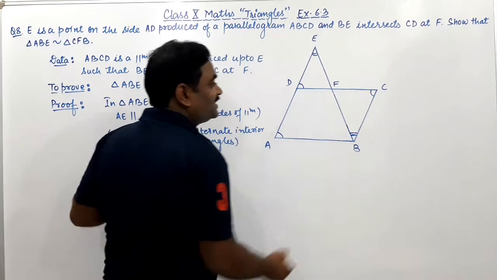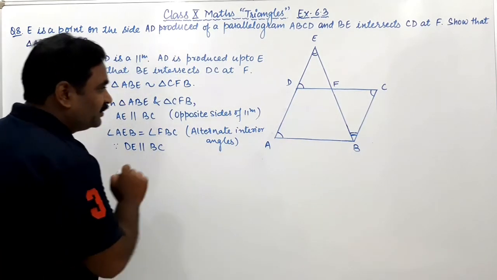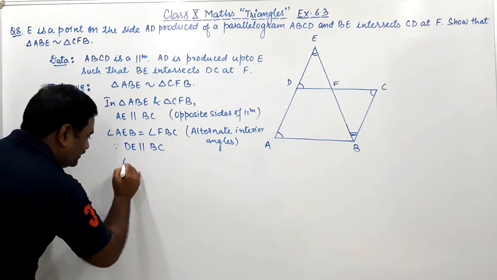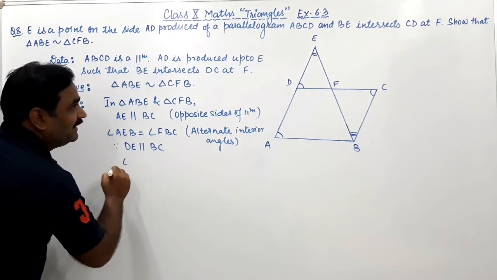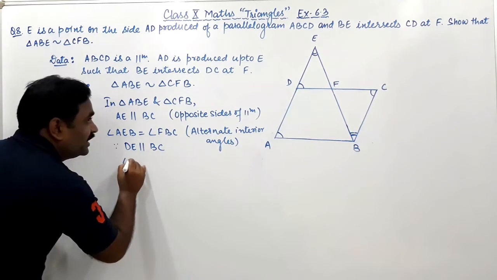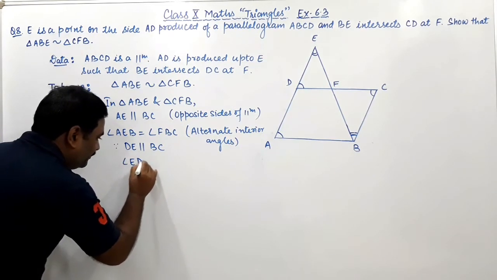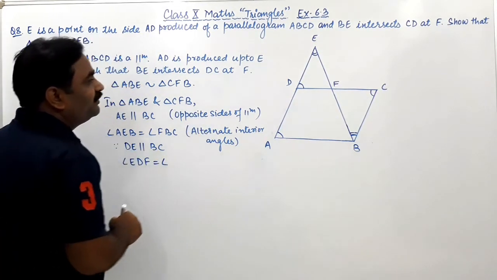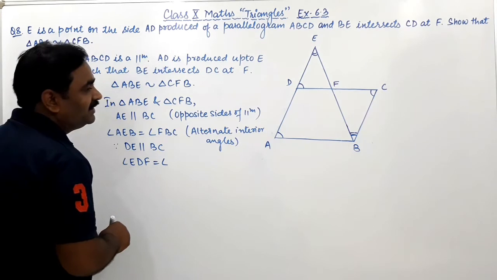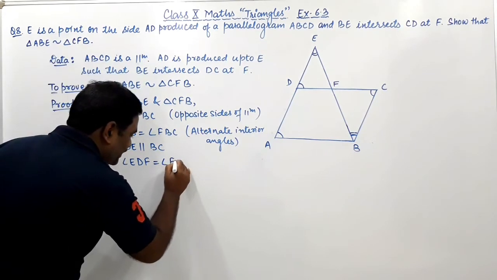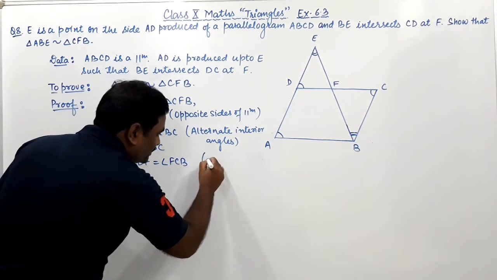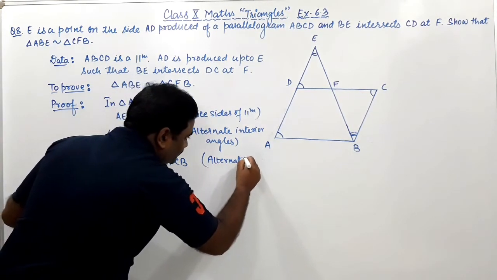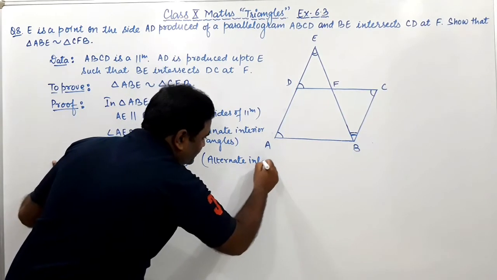Now DC is a transversal, so you can write angle DEF is equal to measure angle FCB, same as alternate interior angles.